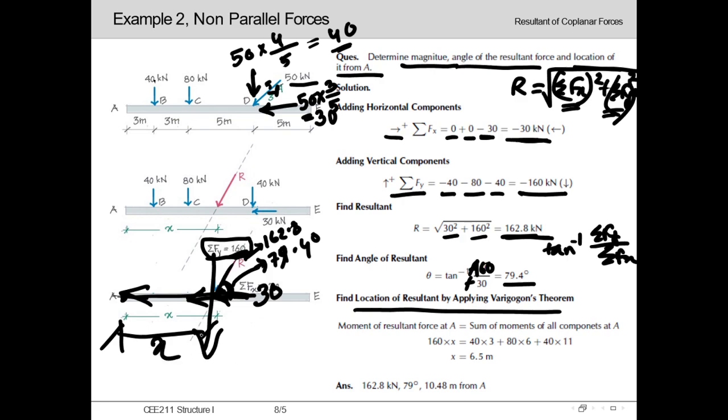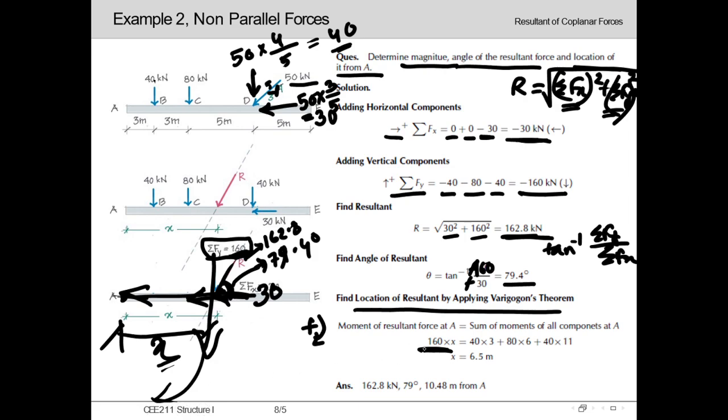Let's assume the perpendicular distance is x. So for this y directional component, which is the resultant one, the value of the moment will be 160 into x, and this 160 is giving rotation in the clockwise direction. We are assuming clockwise as positive.